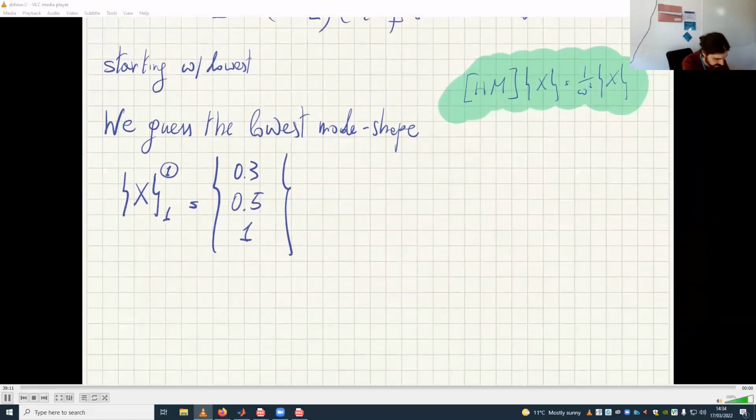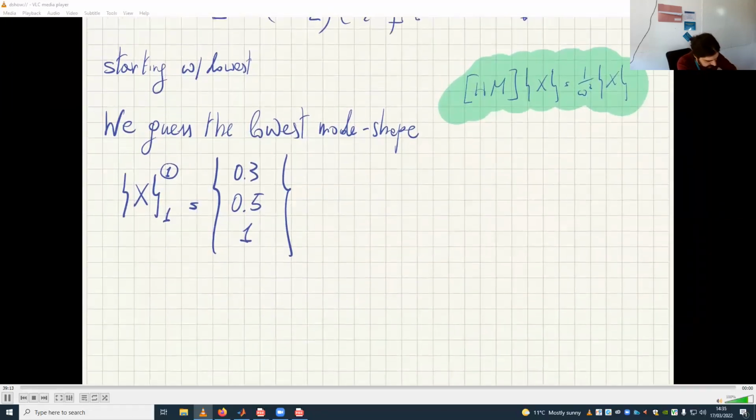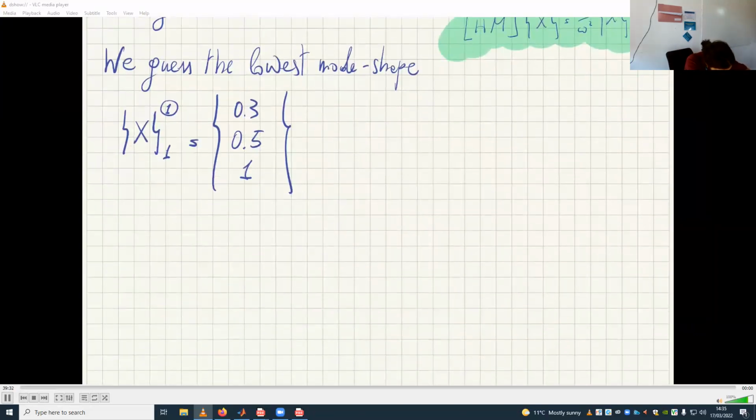Now that I have this, I can go inside this equation. This is given, this is guessed. The idea is to look at how much the left-hand side looks like the right-hand side, because they should be equal. So let's check.